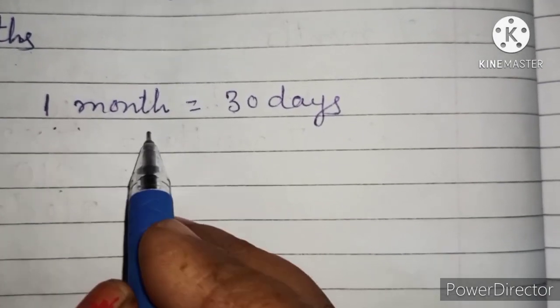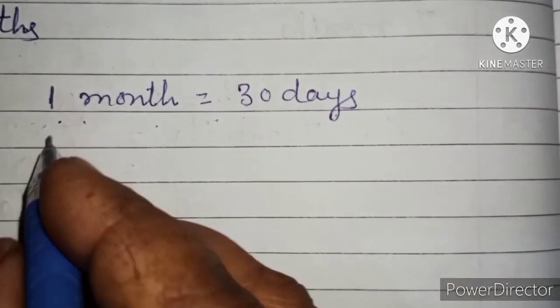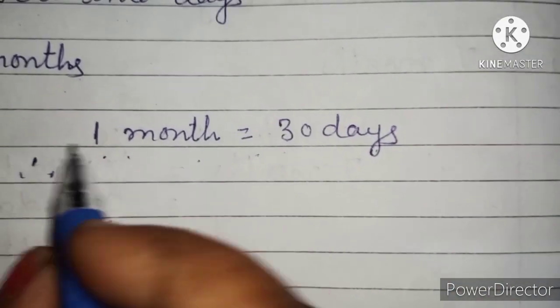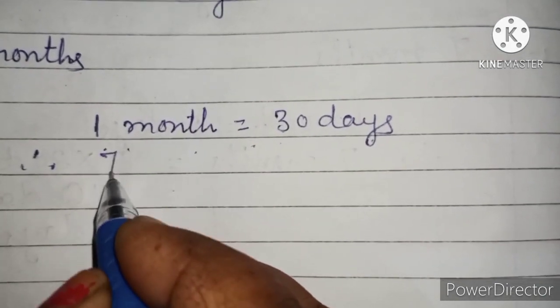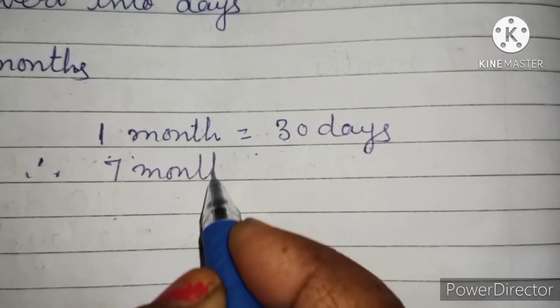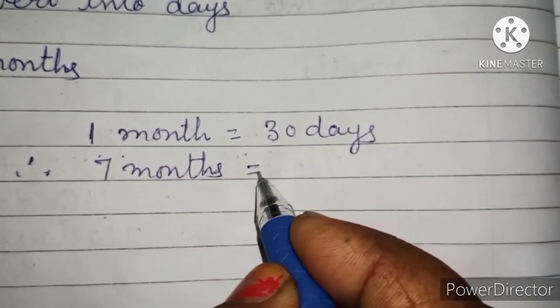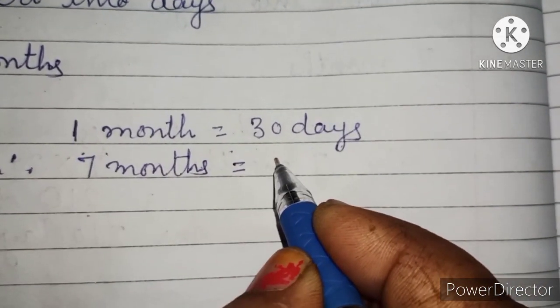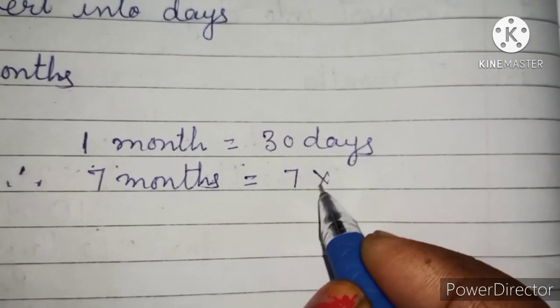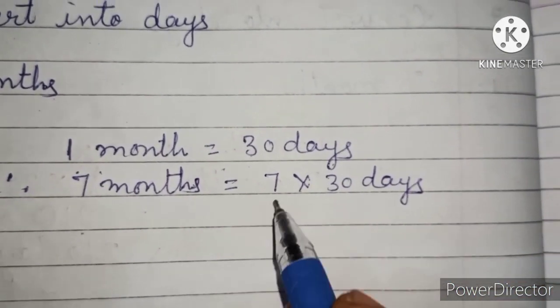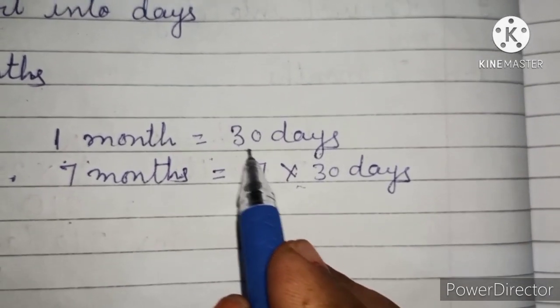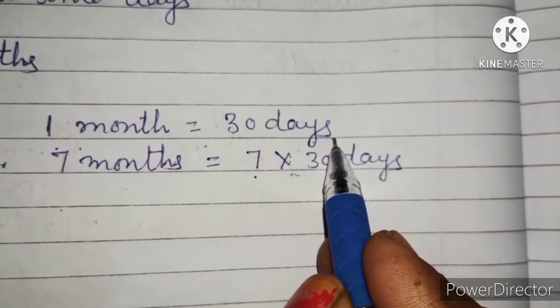As we know, 1 month is equal to 30 days, so 7 months is equal to 7 multiplied by 30 days.